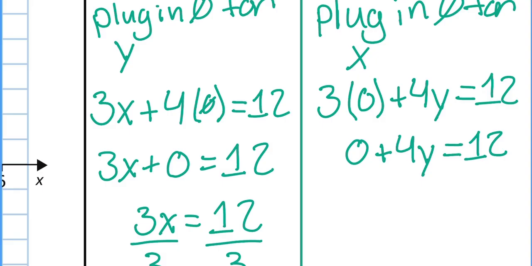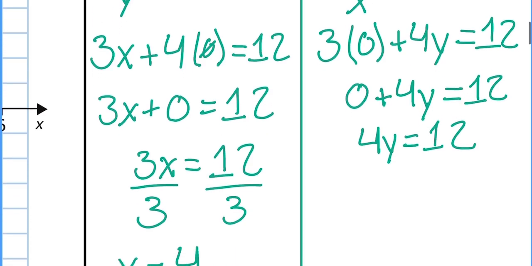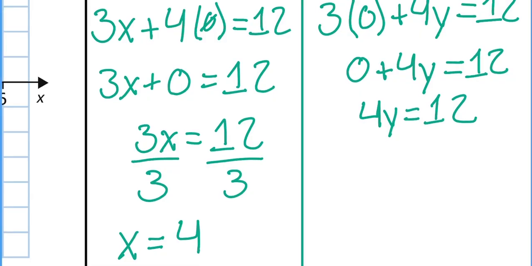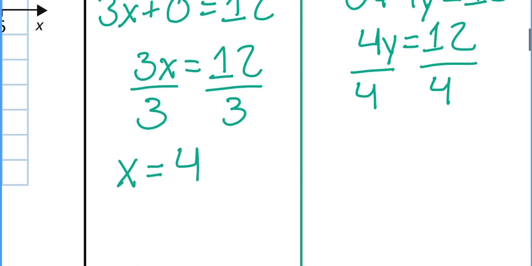Drop down here without my 0. 4y equals 12. To get y by itself, I'm going to divide both sides by 4. So I am left with y equals 3.